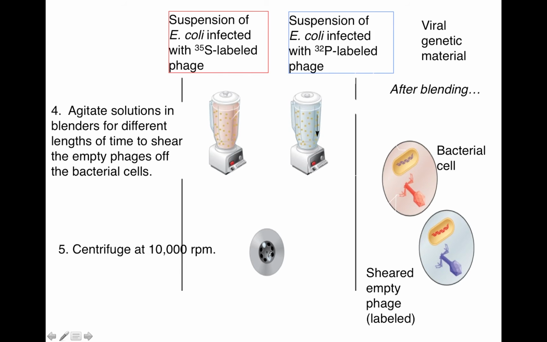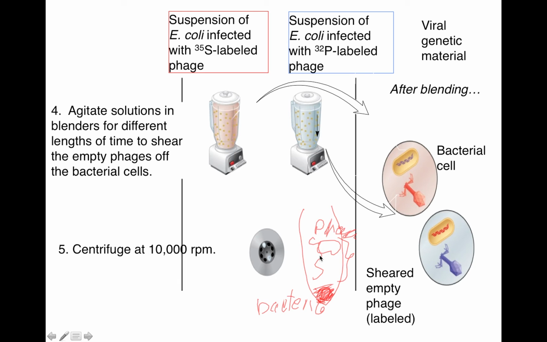And then spin it in a centrifuge, and you end up with your bacteria in the pellet and your phage in the supernatant. Okay? And you count the radioactivity in either the bacteria or the phage to determine whether your genetic material has ended up in the bacteria, or if it's remaining behind in the protein coats in the supernatant.